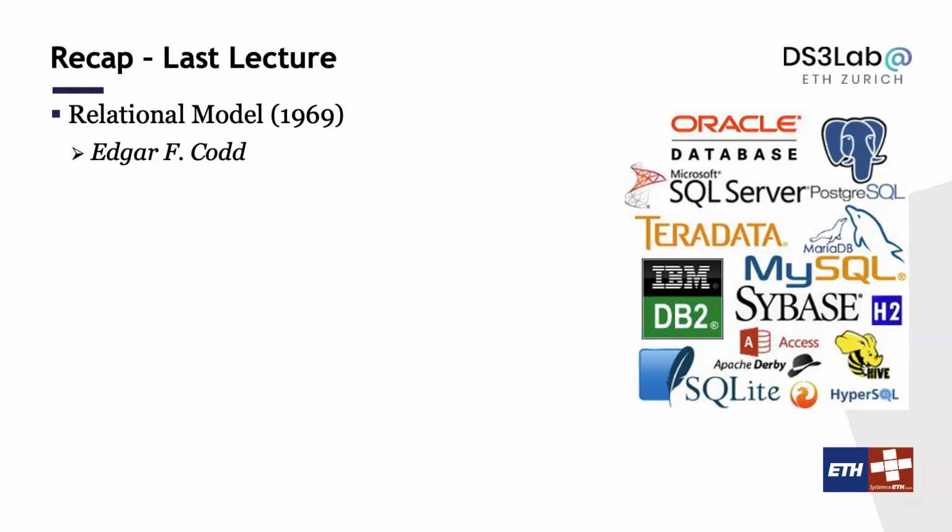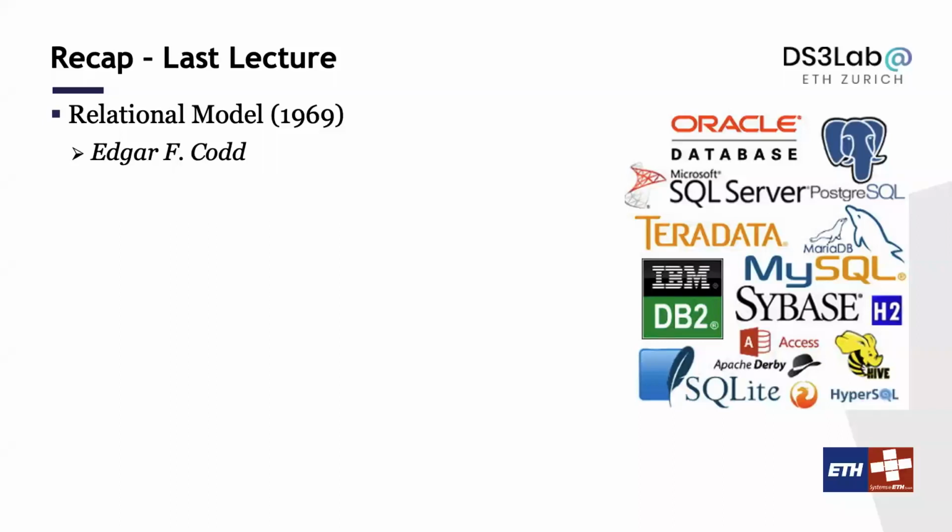We also talked a little bit about why we even want to use a database management system, and the different properties that we want from one. We talked about the history and evolution of database management systems: the hierarchical model, the network model, and the relational model.